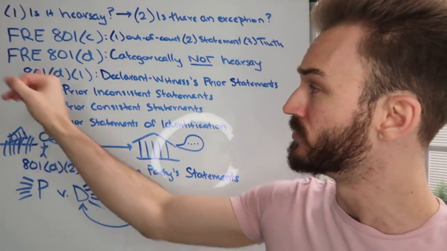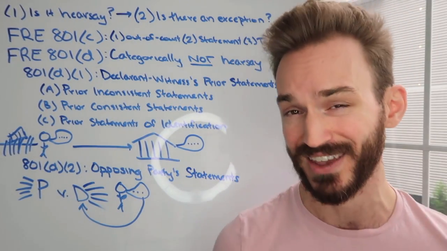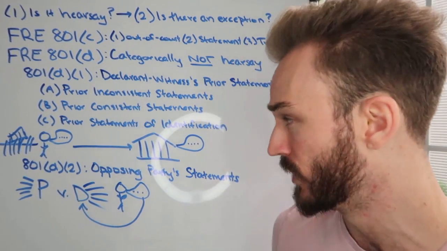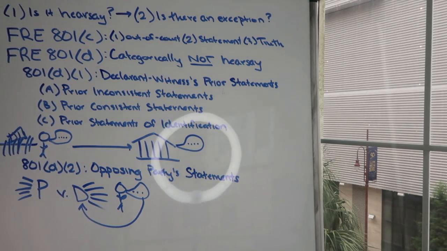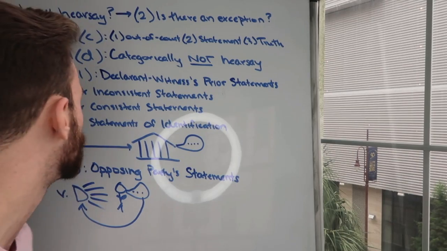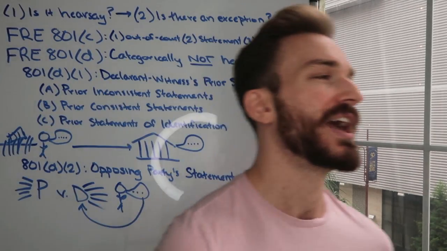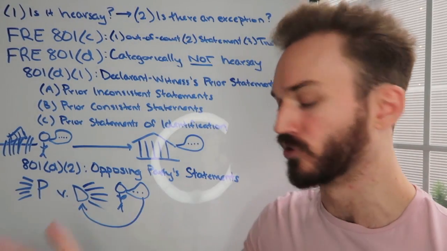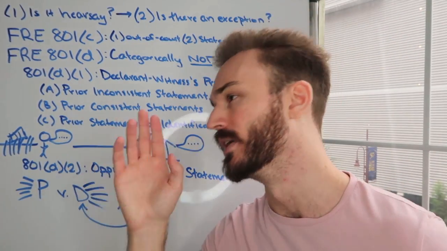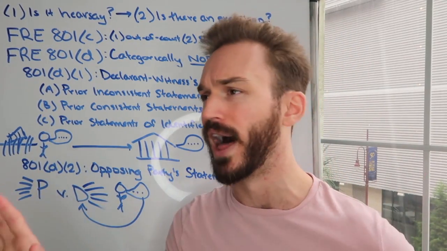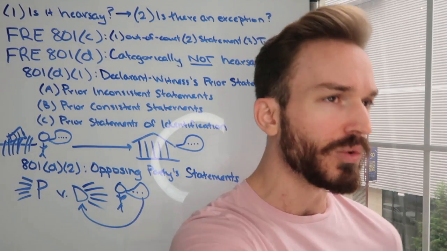All right, the only thing left to talk about under 801D, the final situation that is categorically not hearsay, is when this prior out-of-court statement made by the declarant witness was a statement of identification. So if this was a photo array, where a witness looks at photos and identifies a suspect, or a lineup, where the witness looks at a lineup of guys who do the poses and turn, and then the witness points to one of them.